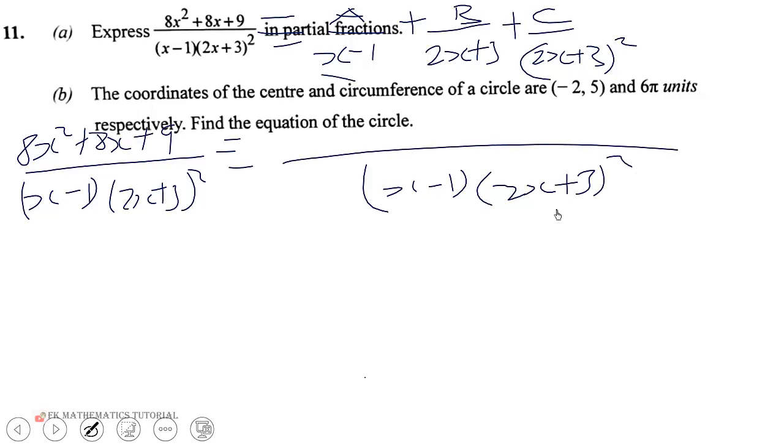So when this comes here, we have a into 2x plus 3 all squared.